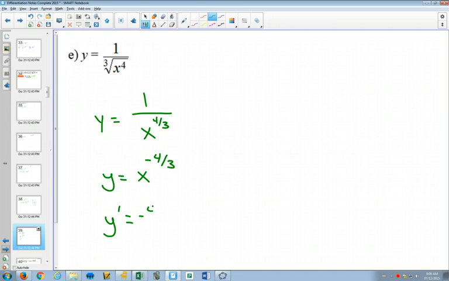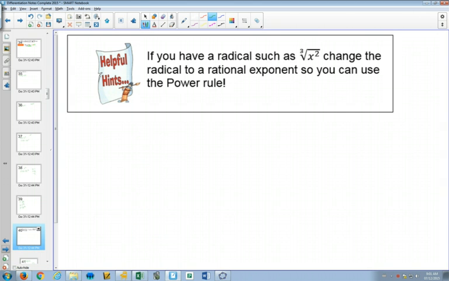This negative 4/3 will come out in front. Subtract 1 from negative 4/3. Negative 7/3. Nice. So we have the note at the bottom saying that whenever you have a radical, you're going to change that to having a rational exponent so that you can solve for it.